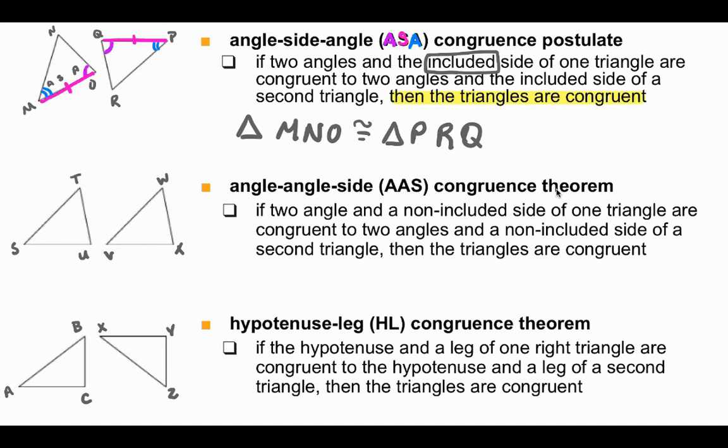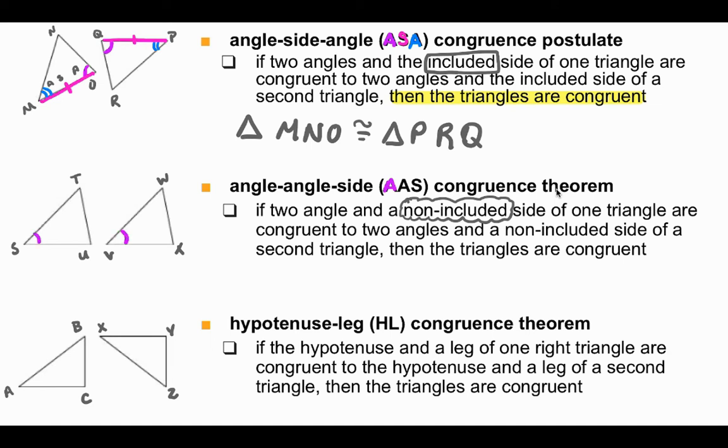So our next one also deals with having information, but this time it is the non-included side. So this is also two angles and one side, but this time our side is not between them like it was in the previous set. So this time we're going to have our first angles marked as being congruent.